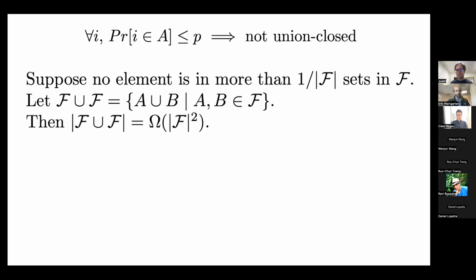You basically consider all pairwise unions. So I take all pairs A and B in my family and I consider their union. Then at least in this extreme case where every element is contained in at most one set, for every pair of sets in my family, I get a new union.